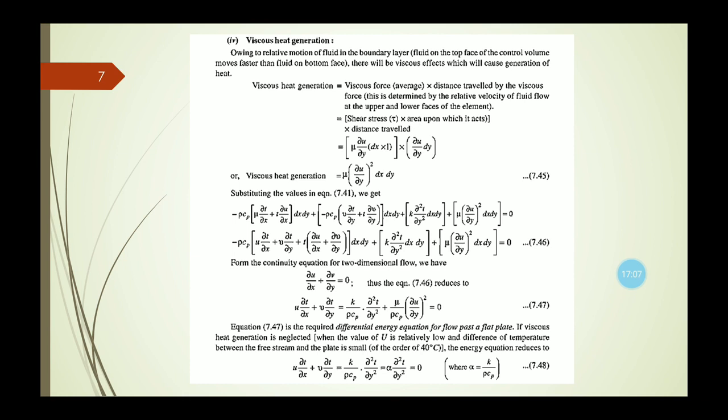So this is the final energy equation for a thermal boundary layer when the fluid is flowing over the flat plate.